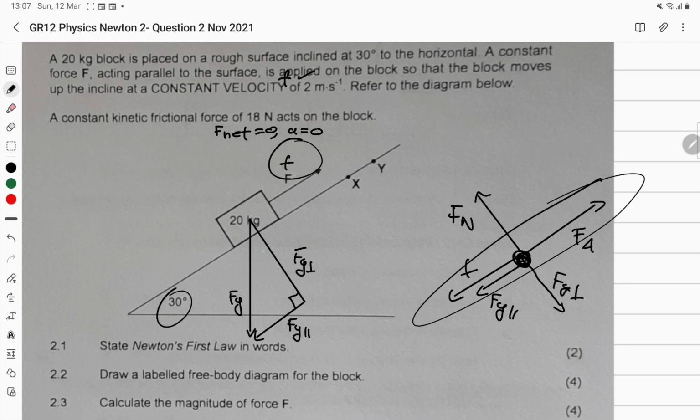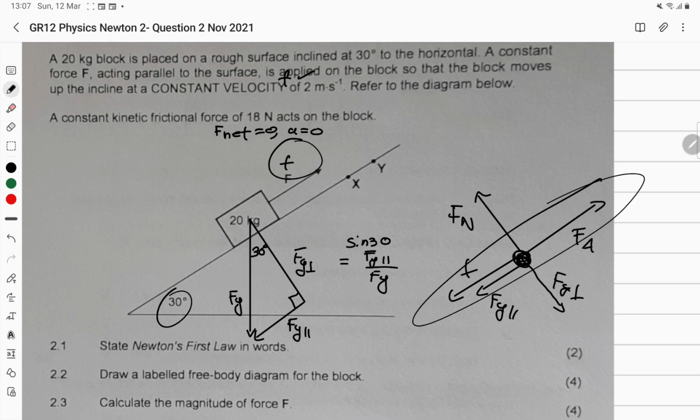Looking at that, we want to know what FG parallel is, right? That will be sine of 30, because it's opposite. Sine of 30 is equal to FG parallel over FG, our hypotenuse.